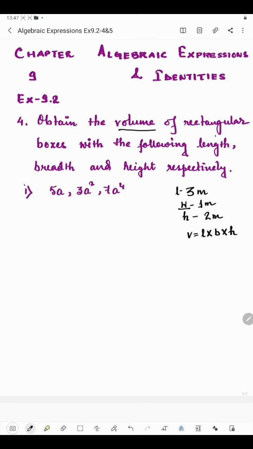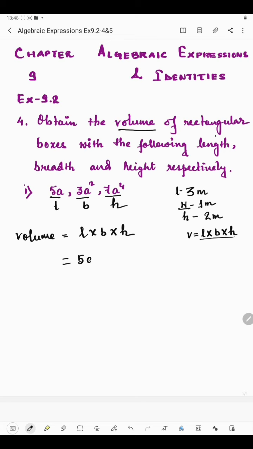Width and breadth are the same. Here we have been given length, breadth and height: the first one is to be considered as length, the second as breadth and the third as height. So to get the volume we need to multiply all of these: length into breadth into height.